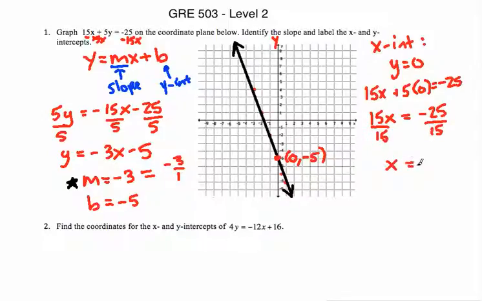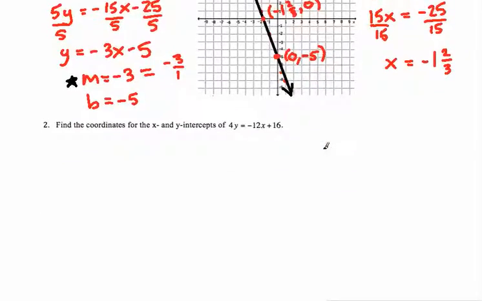X is equal to, and negative 25/15 is negative 1 2/3, or negative 1.6 repeating, which looks about right. Okay, so our x-intercept is negative 1 2/3, comma 0. I'll try to make sure that they're nicer in the future.